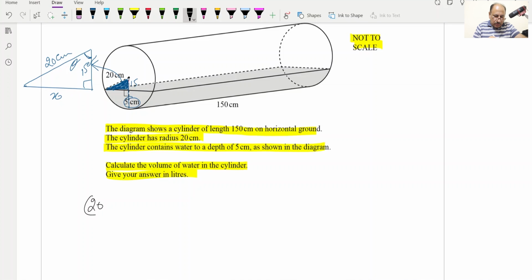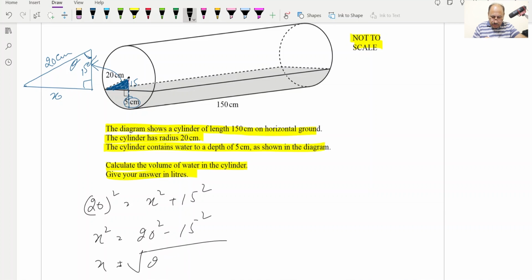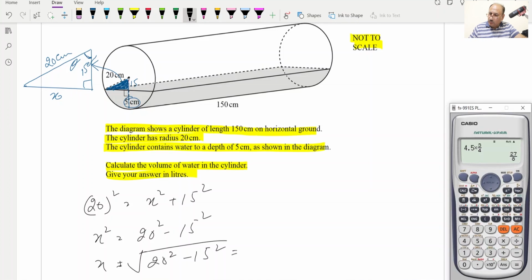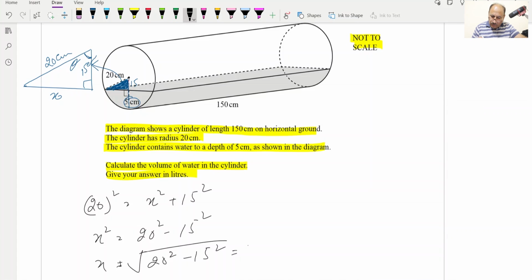So 20 squared will be equal to x squared plus 15 squared. So x squared will be equal to 20 squared minus 15 squared, and taking root, x will be equal to the square root of 20 squared minus 15 squared, and this is equal to 5 under root 7. So 5 under root 7 is basically the x value.